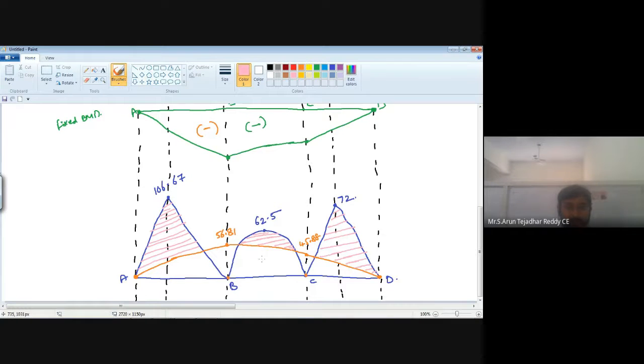Okay, remaining here, it is negative, and here it is a negative bending moment diagram, because there are two supports, an intermediate support. So we got a negative bending moment diagram here, negative, and positive, positive, positive. Okay. This is the final bending moment diagram.